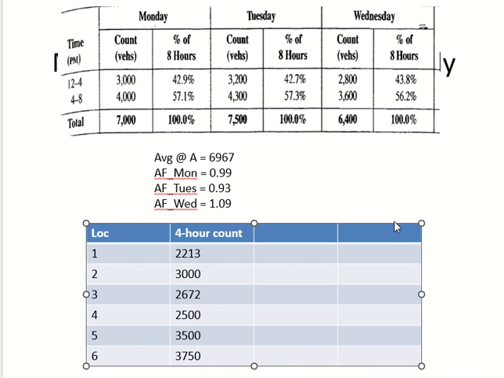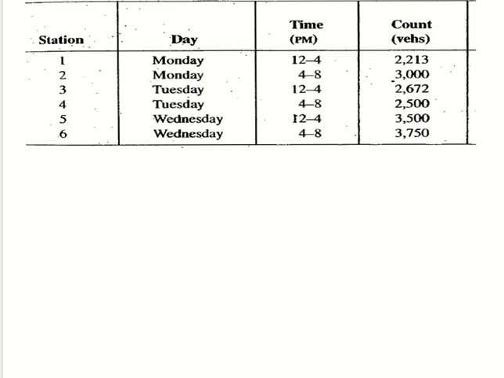To convert it to 8 hours, I will take the 4 hour count, for example 2213. This count is for 4 hours. Which 4 hours? 12 to 4, on Monday.